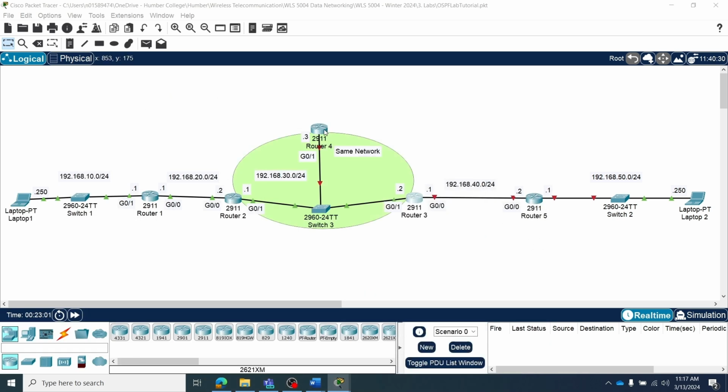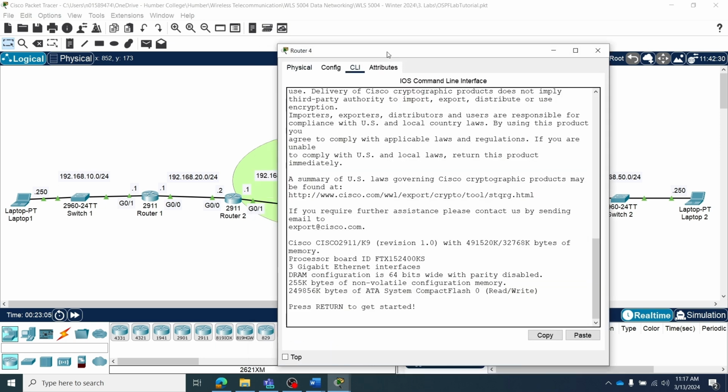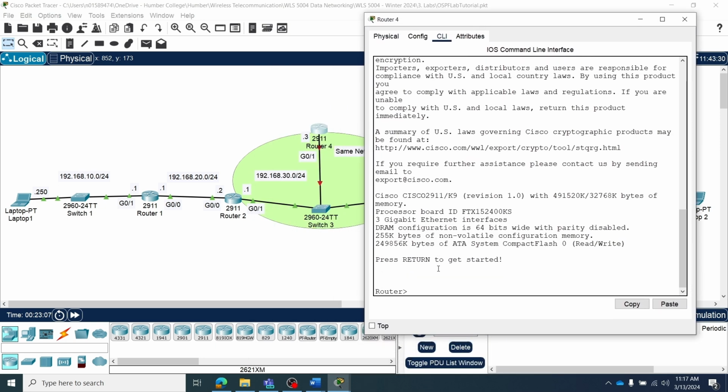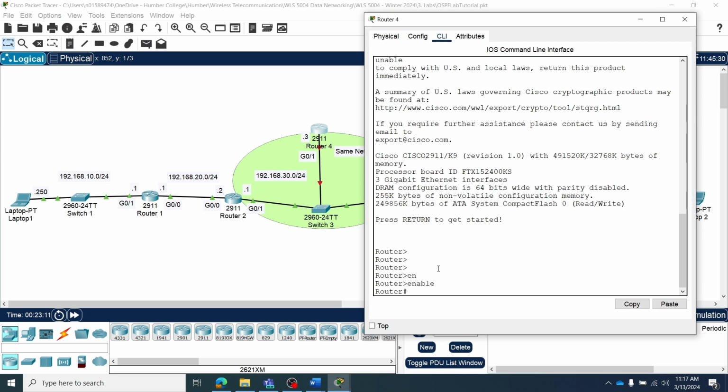Let's configure router 4. CLI mode, then we need to rename it as router 4.